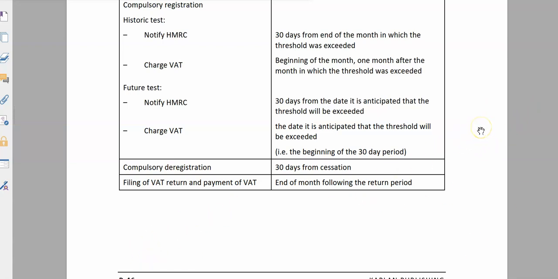Okay, so let's have another mock then. That would be on the 2nd. So today is 30th. So you have 30th, 31st and 1st. So you have 3 days to prepare for it.